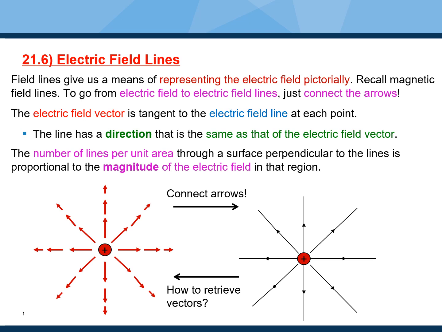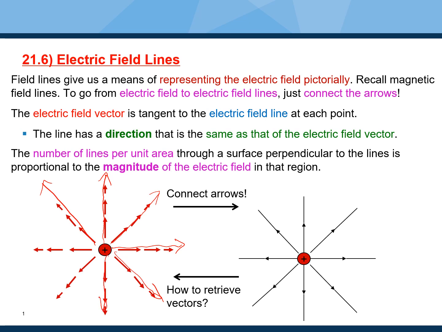So in the left panel, you see electric fields. Now let's just connect the arrows together. You connect the head of one arrow to the tail of the next arrow, and so on and so forth, and you can draw a line like this, a line like this, for example, out here, and continue that process, drawing lines like so.